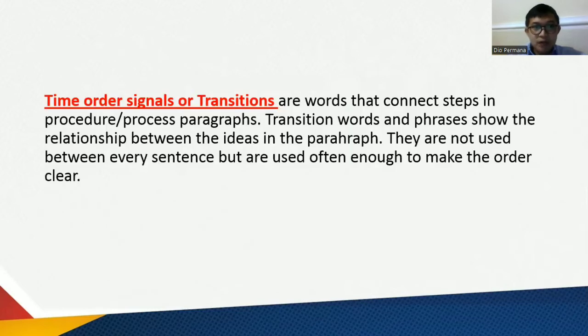Now, what is a time order signal or transition? It is a word that connects steps in a procedure or process paragraph. Transition words in a process show the relationship between the ideas in the paragraph. They are not used between every sentence, but are used often enough to make the others clear.